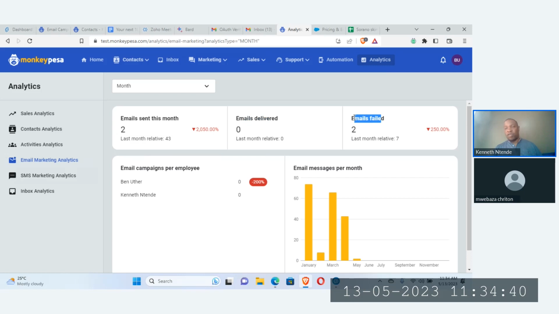But additionally, they also give us the ability to track if an email has been opened or not. So it has actually been completed in the back end. It's just the front end people that are going to help you visualize it now, and this will be available by the middle of next week. So you'll see the emails that have been sent, what has been delivered, what has failed, what has been opened, and what has not been opened, alongside any other analytics we have.